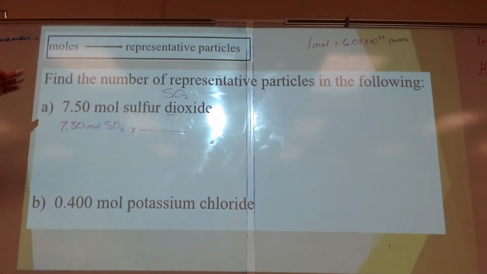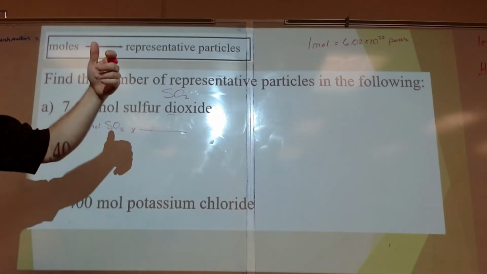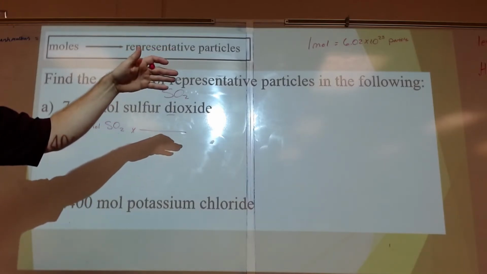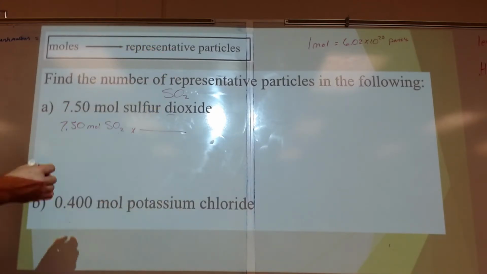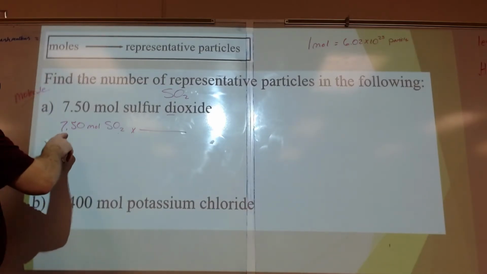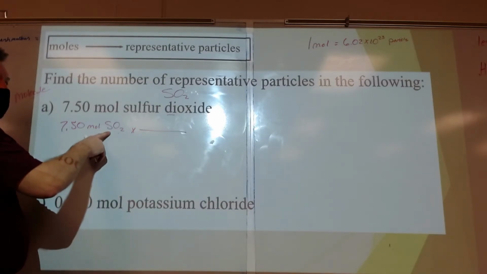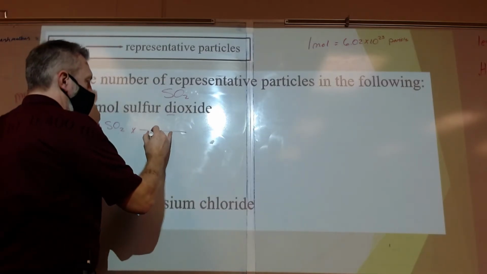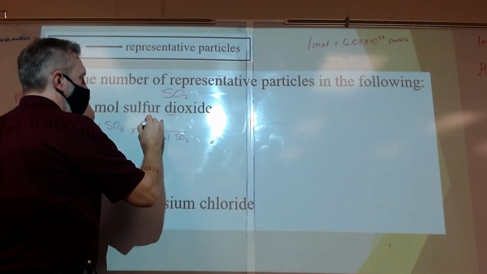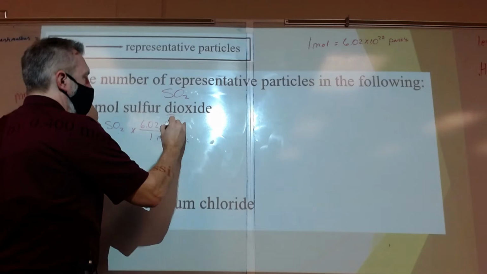We just said it. It's covalent. That means it's a formula unit, molecule, atom, donut. Molecule. It's going to be a molecule. I'm going to write this over the side. So 7.50 moles of sulfur dioxide. On the bottom, I've got 1 mole of SO2, 6.02 times 10 to the 23rd.